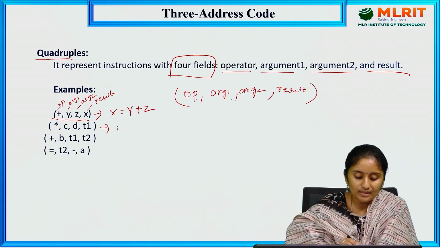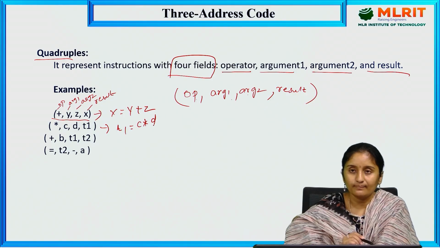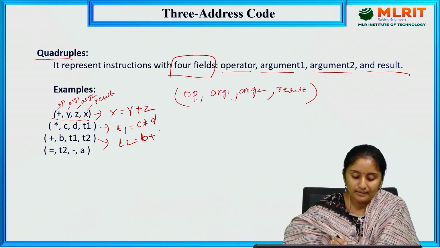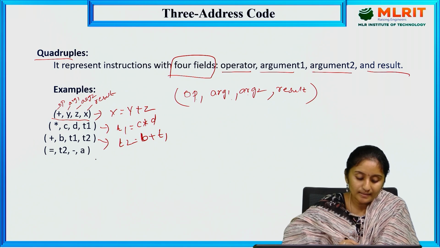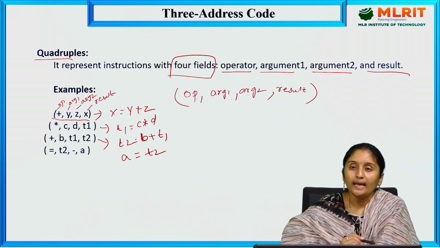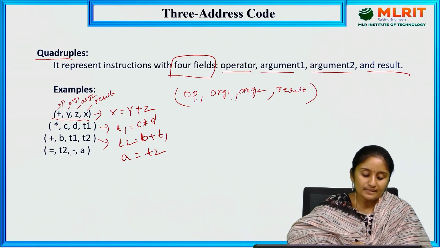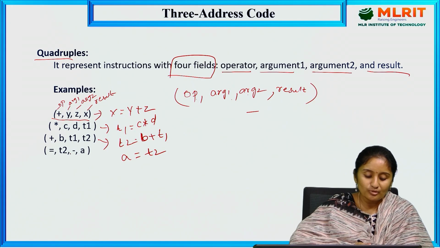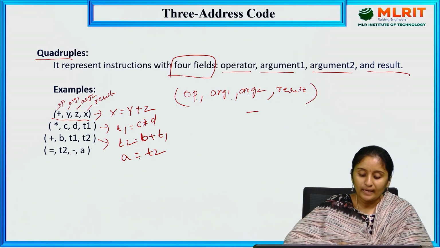So I can write this one as T1 equal to C into D. This I can write as T2 equal to B plus T1. Next, I can write here A equal to T2. Here, argument 2 is blank as no operation is there, so I am just showing it with a blank line. So A equal to T2.